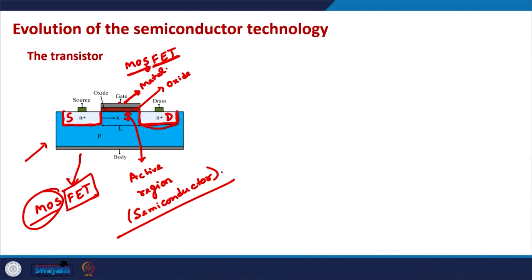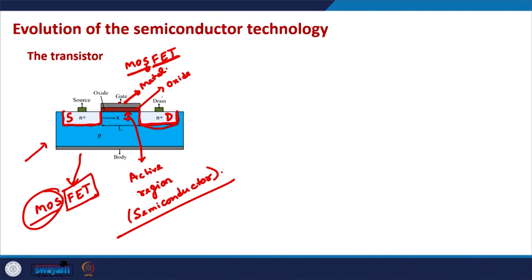Okay. So, this is the modern transistor. Nowadays the transistor is slightly modified, but the functionality of modern transistors is quite similar to this MOSFET.